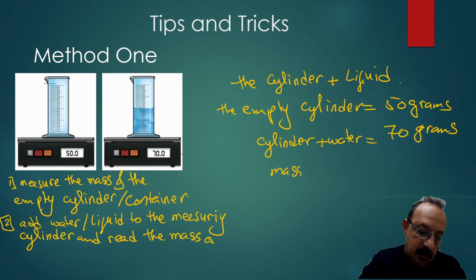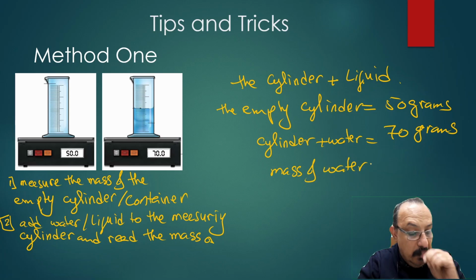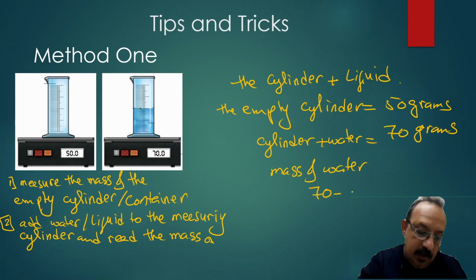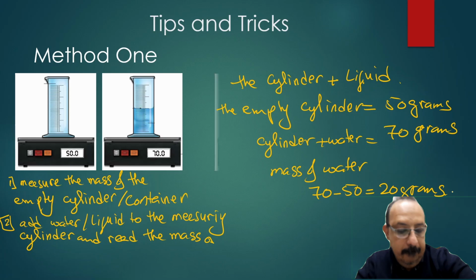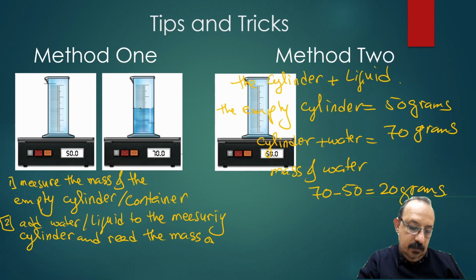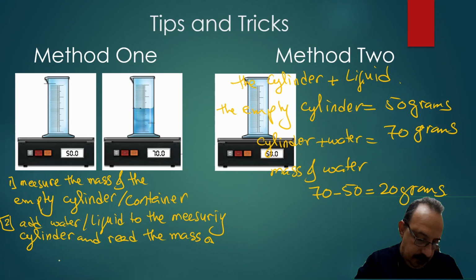The mass of water only, or liquid only, or powder only, is 70 minus 50, which is equal to 20 grams. Okay, then it is direct and straightforward. You take the difference and you get the mass.